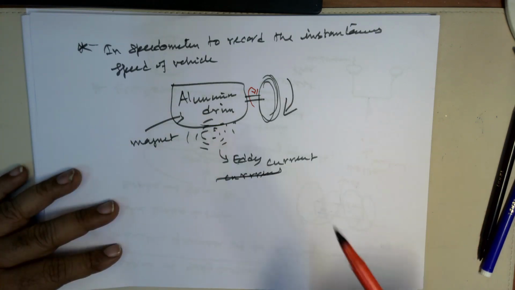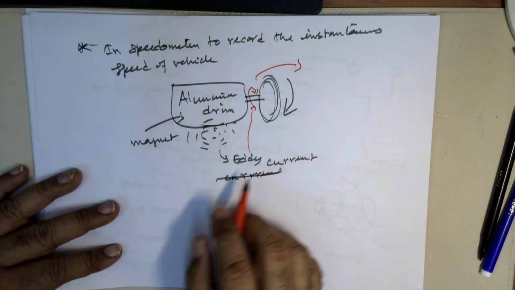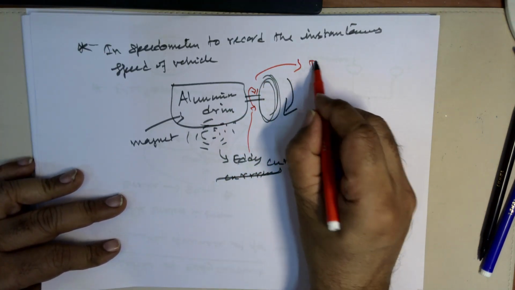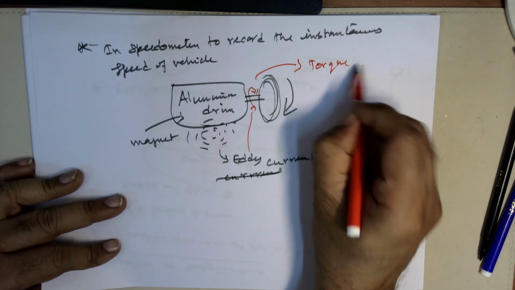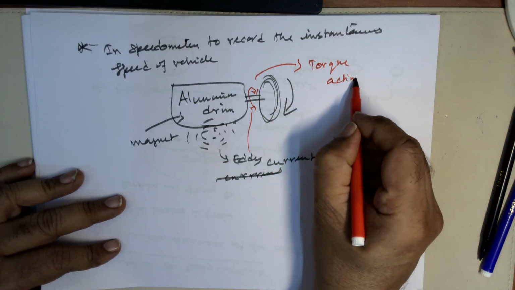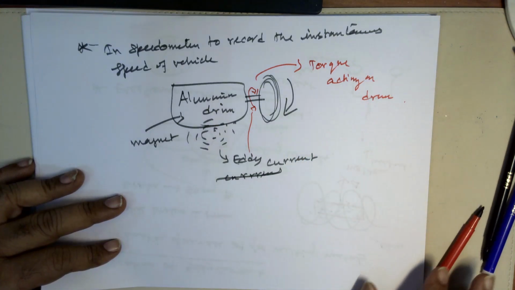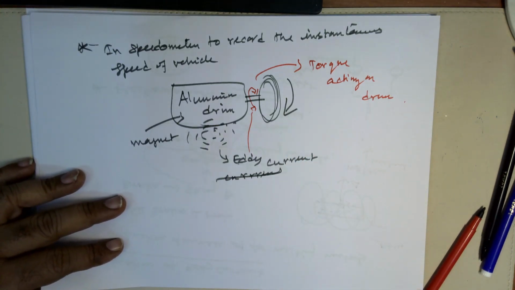So this produces a torque acting on the drum, the torque acting on the drum in the opposite direction.